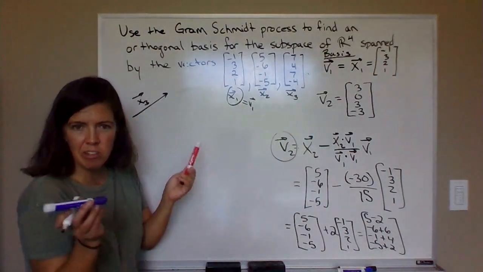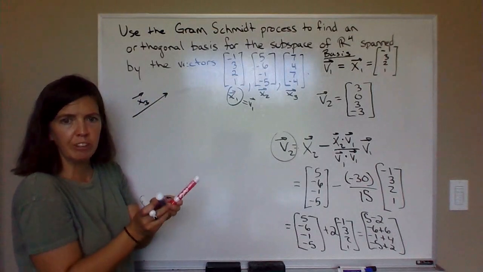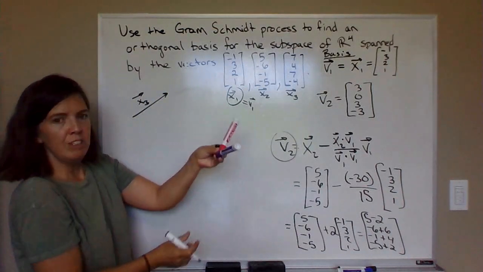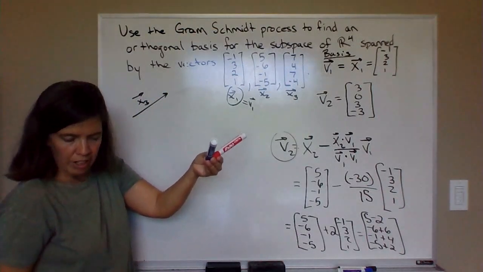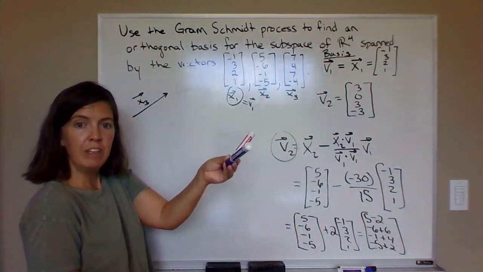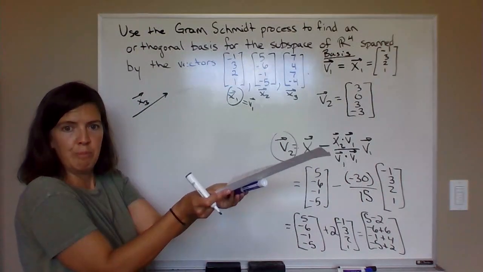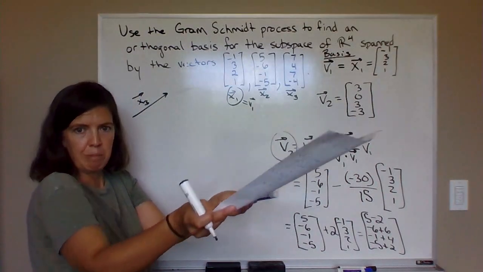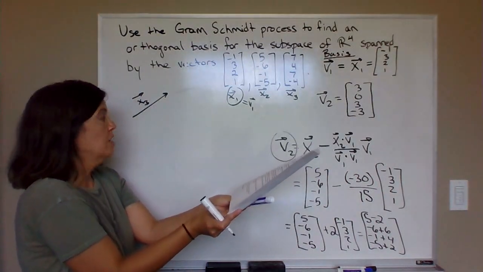And so pretend like this is three-dimensional space. I know these are four-dimensional vectors, but say V1 and V2 are vectors in R3. So then the two vectors define a plane. The span of these two vectors would be a plane. If you picture my paper as like an infinite plane, extends forever in every direction.